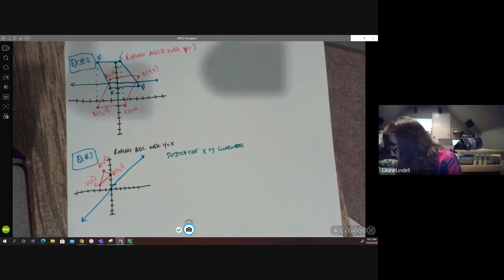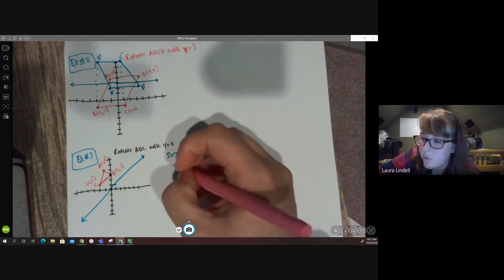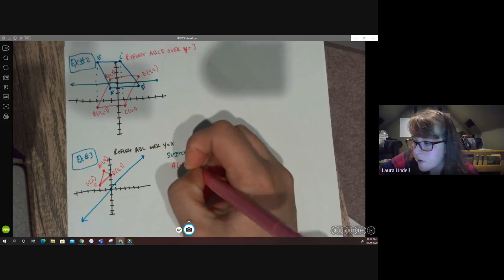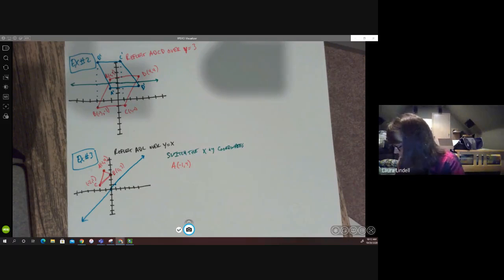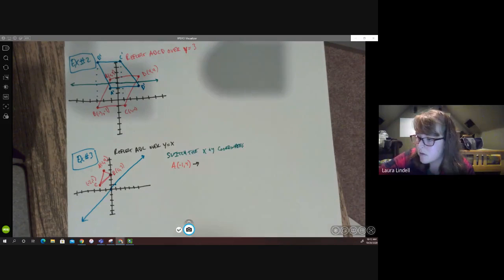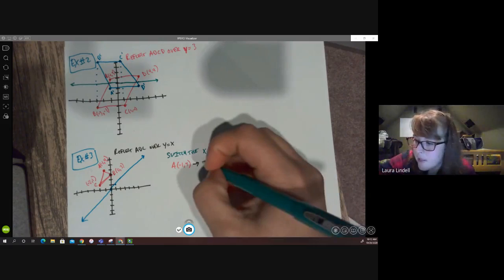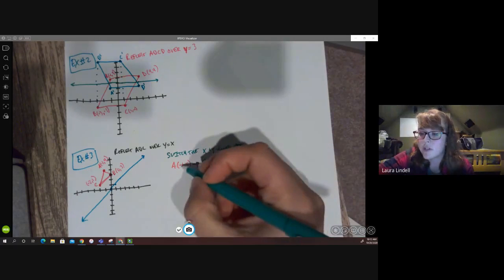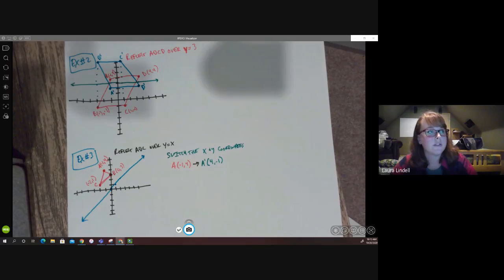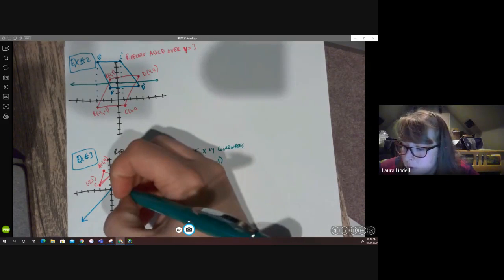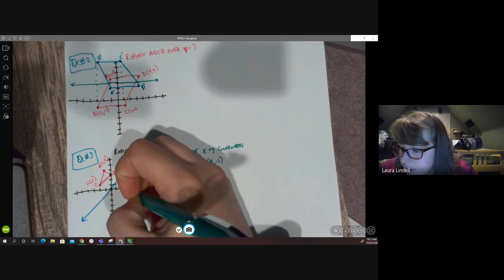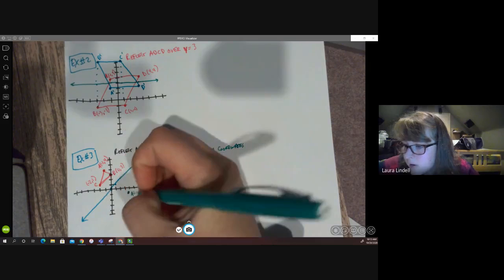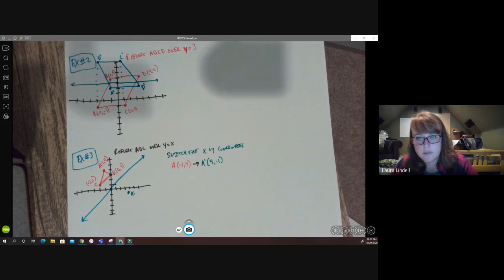So for example, if I start with A is -1, 4, A prime is going to be 4, -1. We just switch the order of the x and y coordinates. So then I would go over here and plot over 1, 2, 3, 4, down 1, and that is A prime.